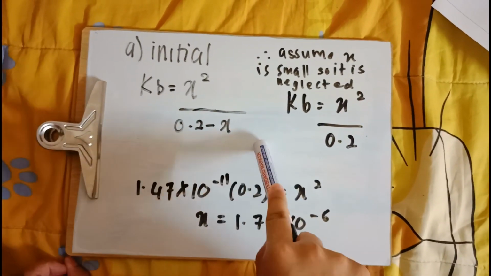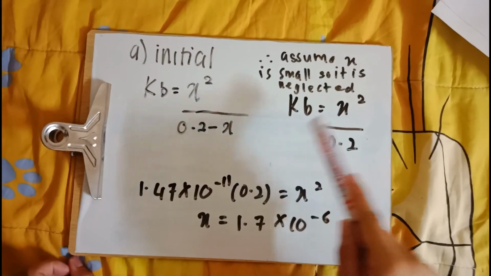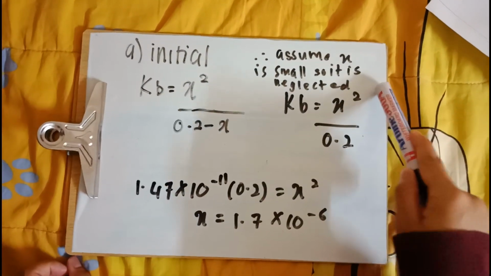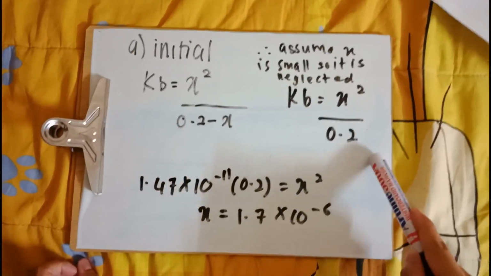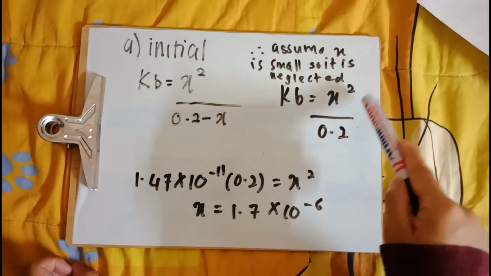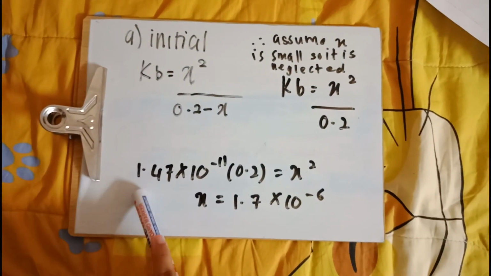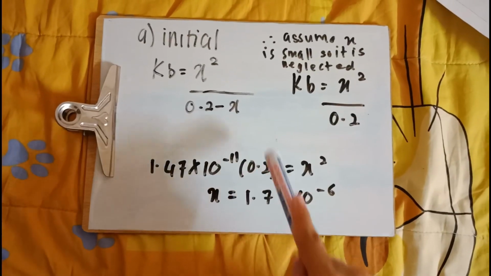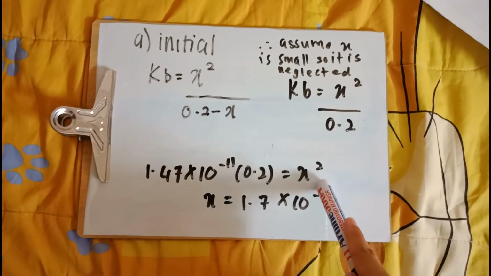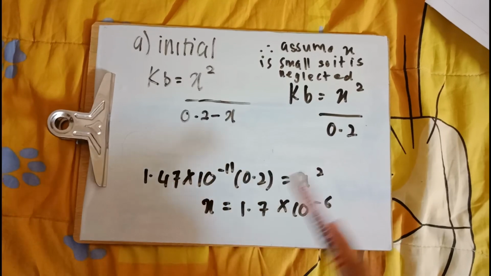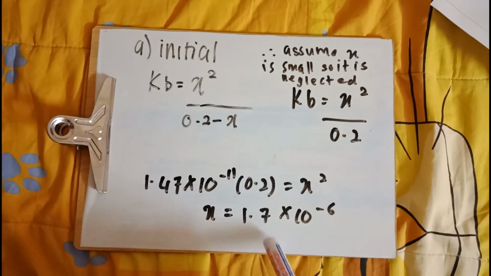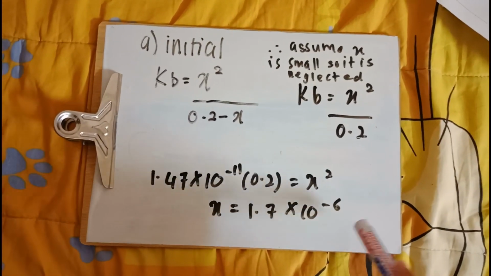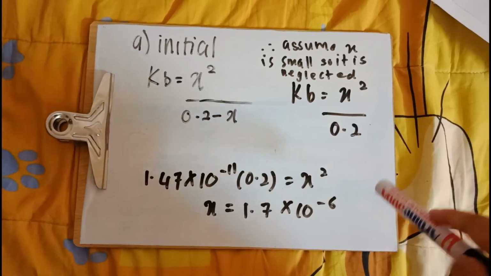So we write the new equation as Kb equals X to the power of 2 divided by 0.2. From that we can find X. We get Kb, 1.7 times 10 to the power of negative 11, times 0.2, equals X to the power of 2. So we get X as 1.7 times 10 to the power of negative 6, which is equal to the concentration of OH minus.